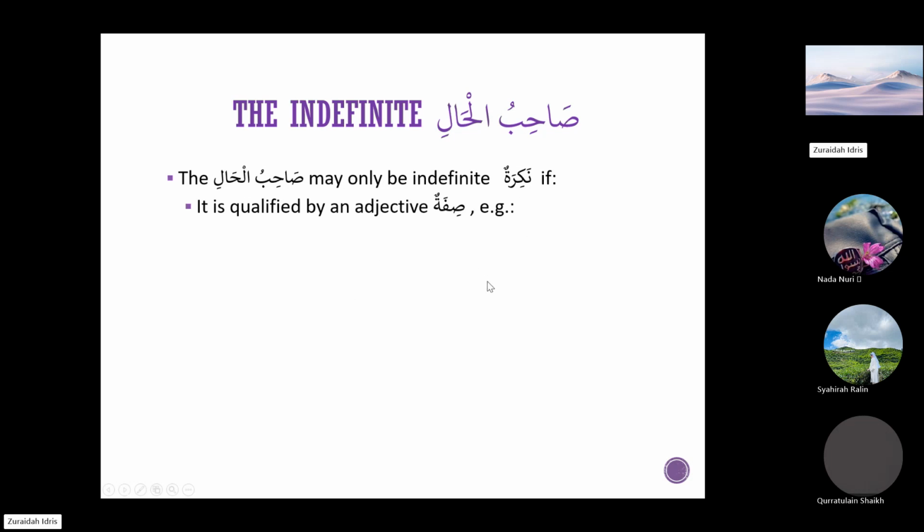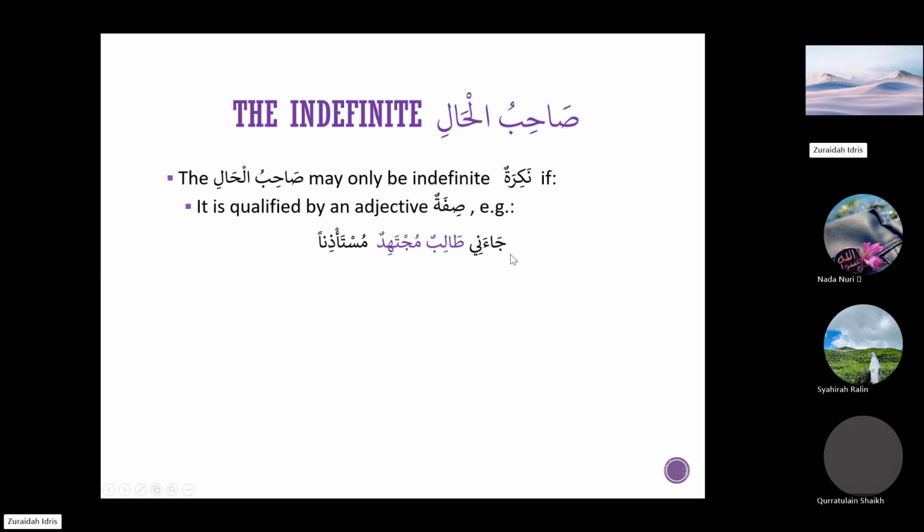So when you have a sifa to a common word, you're actually defining it already. Not just a book, but a red book. Not just a student, but a hardworking student. So there is some definition already. So in that sense, this is why we can still consider it as sahibul hal, even though you write it with tanween.